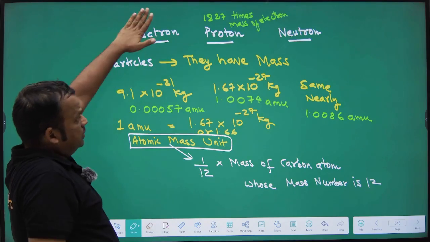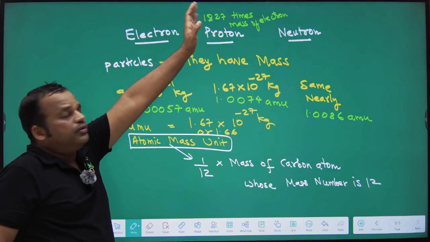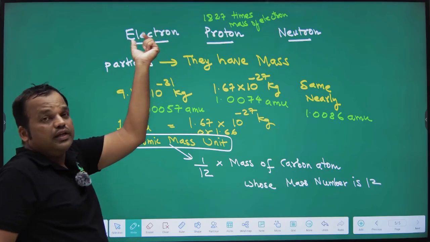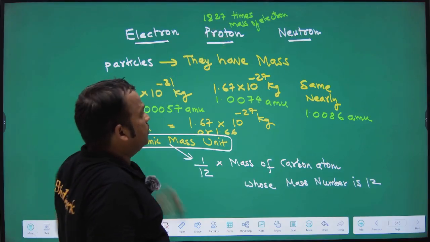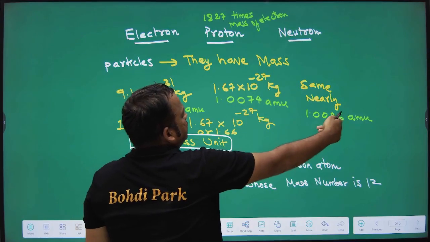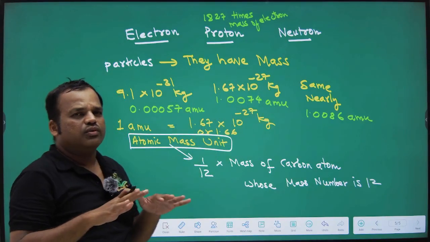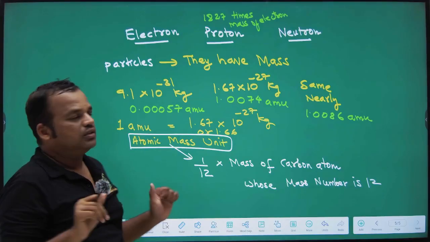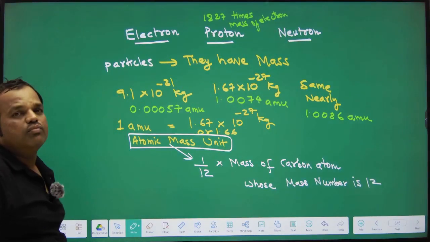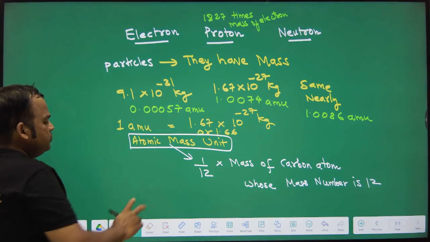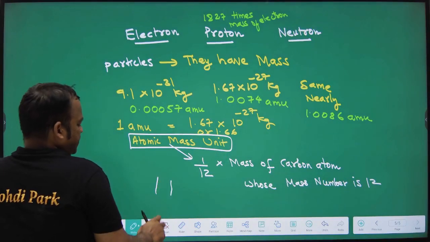But the neutron mass is slightly greater than proton. So almost equal. Sometimes we can consider both are equal, but practically neutron is slightly greater. So that is about mass. So these are elementary particles.